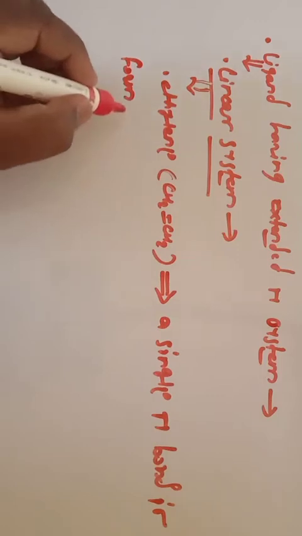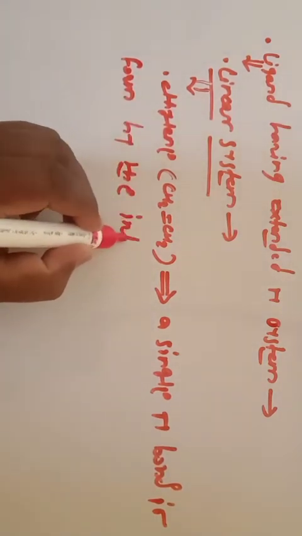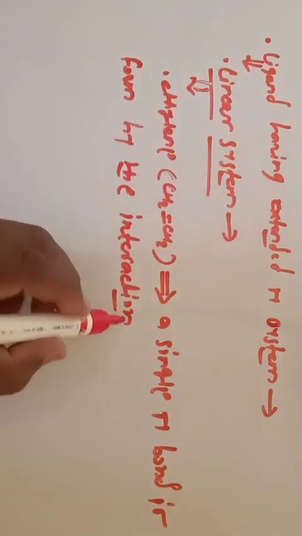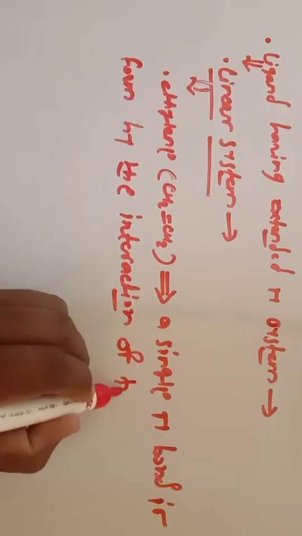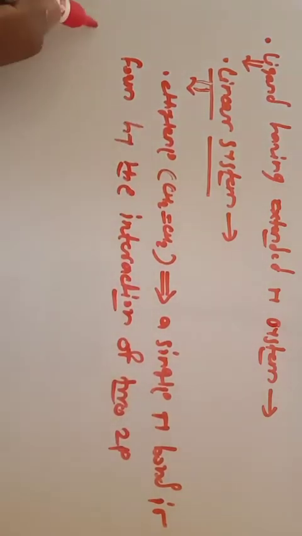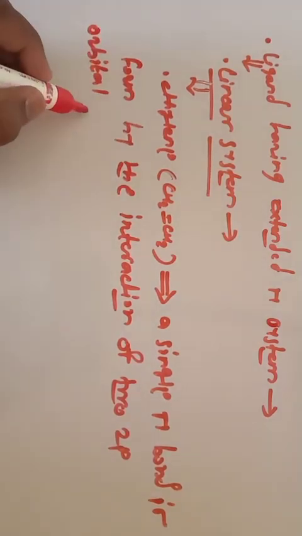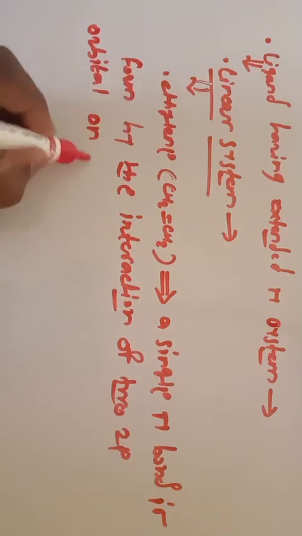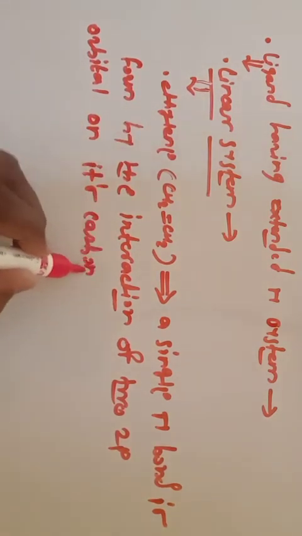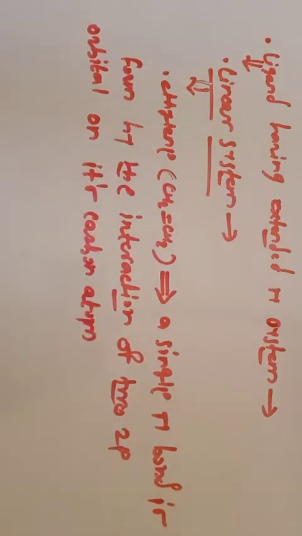Single pi bond is formed by the interaction of two 2p orbitals on its carbon atoms.